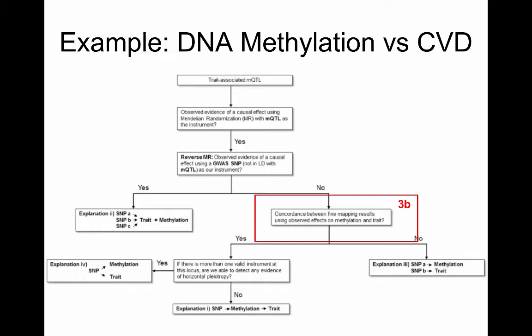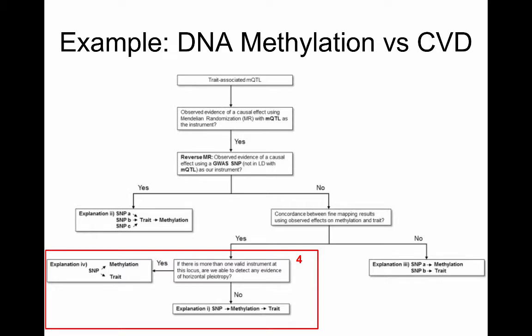One's influencing methylation and one's influencing the phenotype, and they just happen to be in linkage disequilibrium. Remember, that was scenario number 3. So if they found discordant effects like that, they concluded that this kind of LD-mediated structure was true. But that's, again, not what they found. What they found was pretty good concordance for some of the traits, not so much for others, and for some traits they could not do this analysis because they didn't have enough evidence.